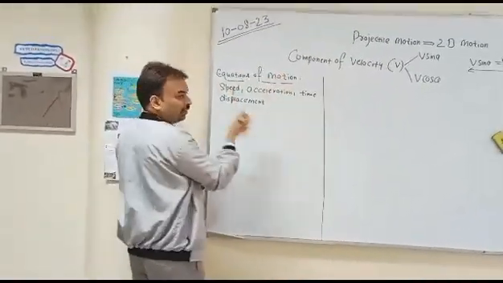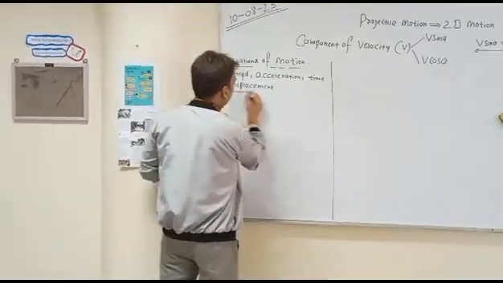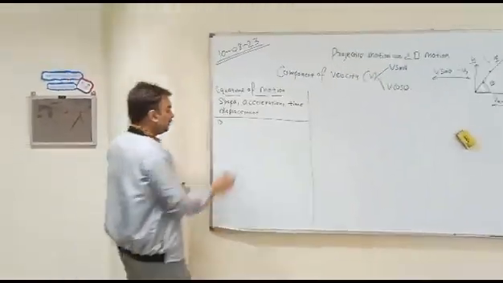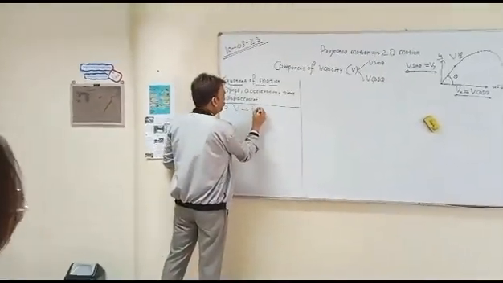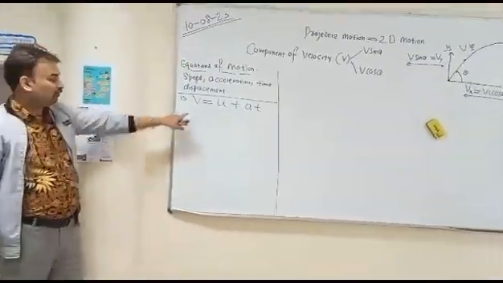You can write speed or velocity, acceleration, time, displacement or distance. So how can these be connected? They can be connected by a few equations which are known as equations of motion. So the first equation of motion: v = u + at. What is v?